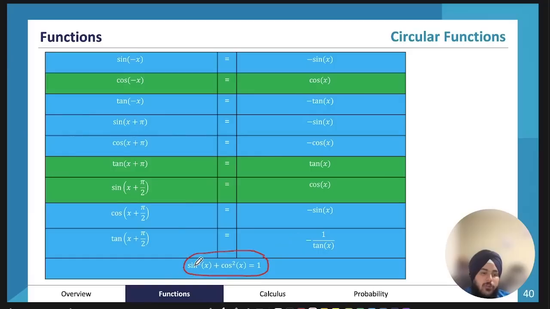It's really important to remember that sine squared x plus cos squared x is equal to 1, because you're likely to get a question on exam 1 which might give you sine x or cos x and ask you to determine what the other is. It's a really common question, so it's really important to get familiar with this particular identity.